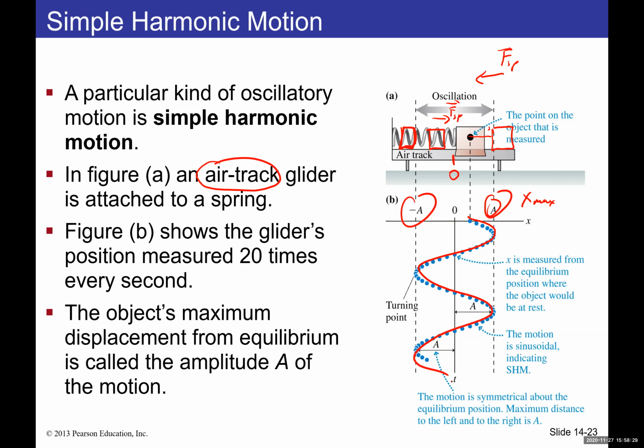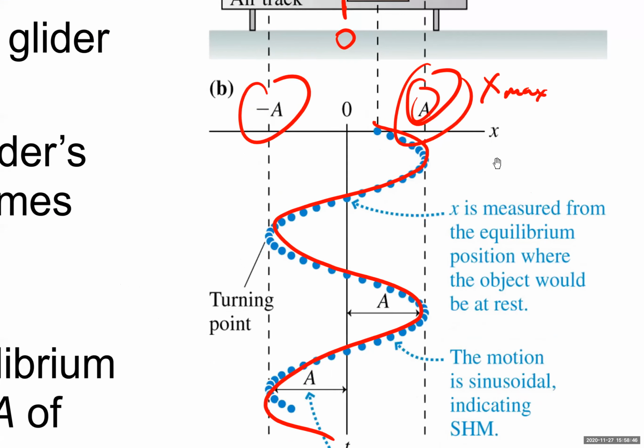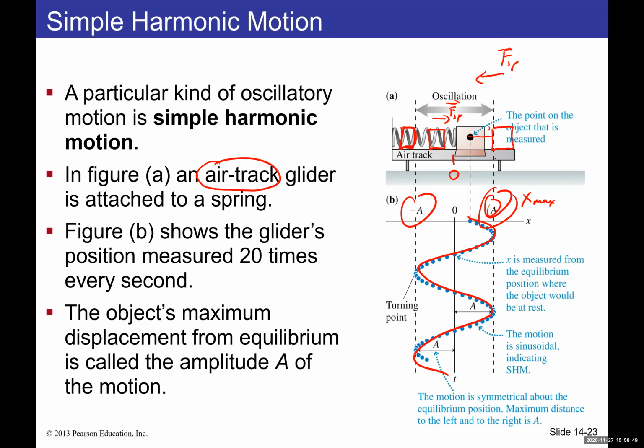Again, when we take this and move it to position A, that's the maximum displacement we're going to have for the system in a positive direction, because let's say to the right of the equilibrium is the positive direction. So this position is the x maximum position, the maximum positive position. We represent it with the amplitude A, and we say plus A because A, the amplitude, is always a positive quantity.